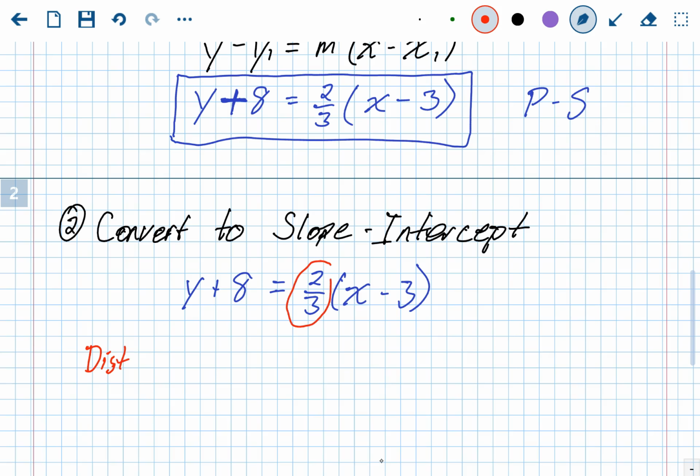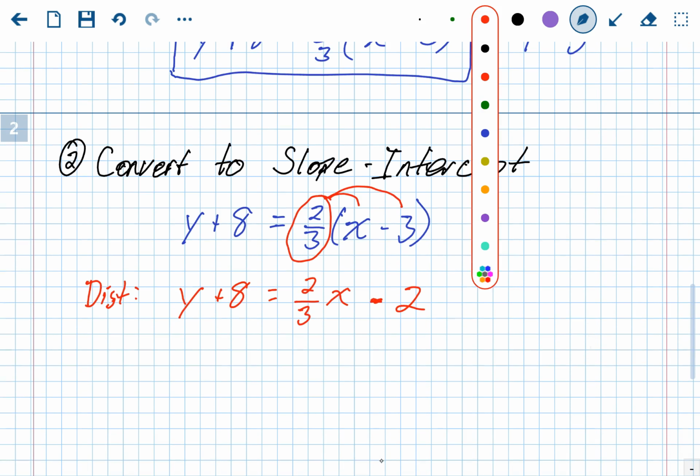Okay, so we're going to distribute this 2/3 to everything in the parentheses. So it's going to give us y plus 8 stays on the left side, and then 2/3 times x is 2/3 x, and 2/3 times 3, okay, the denominator matches the number, that's just -2. So 2/3 times -3 is -2.